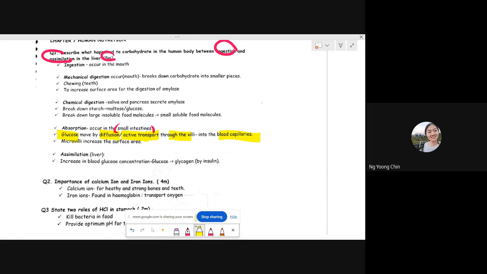After that, when we talk about the liver, assimilation happens in the liver, right? The liver will do the assimilation for the carbohydrates.